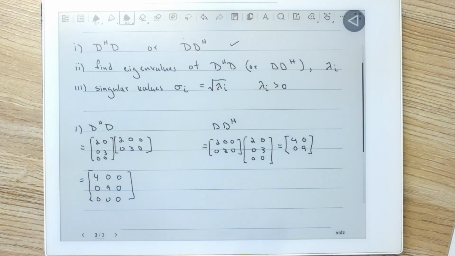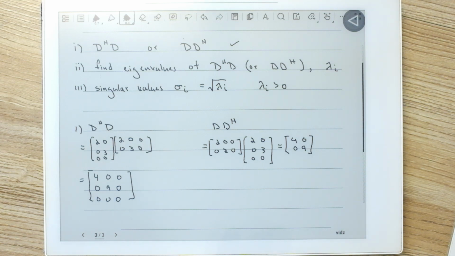Now looking at these two matrices, we can see they're both pretty simple matrices. In fact, they're pretty similar except for this row and column here, these extra zeros. But in general, that's not always the case. We won't have diagonal matrices that look so similar.